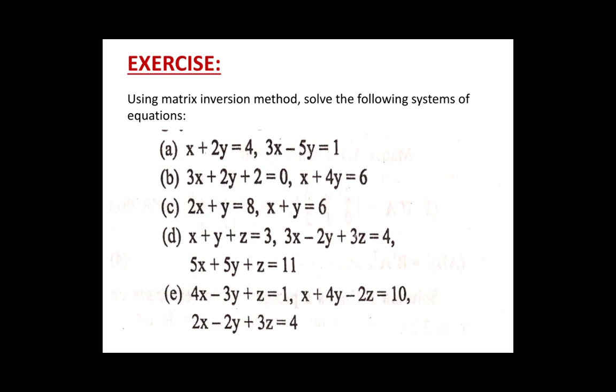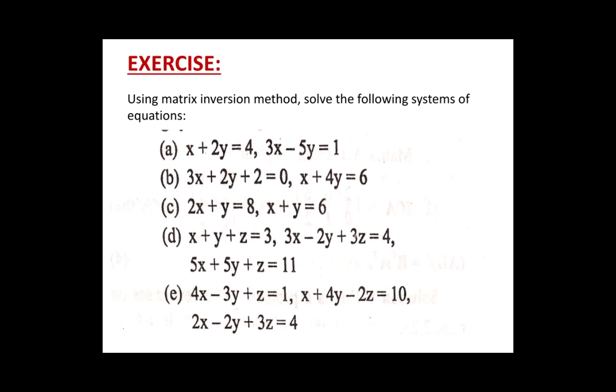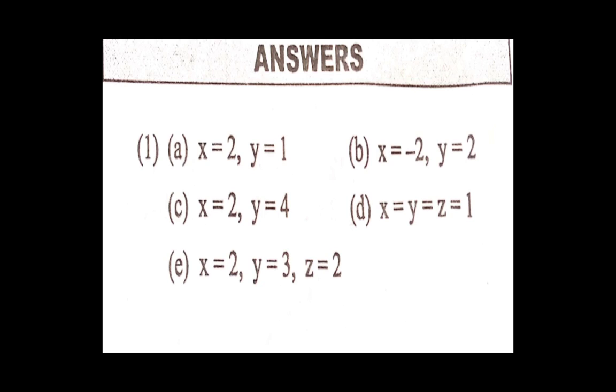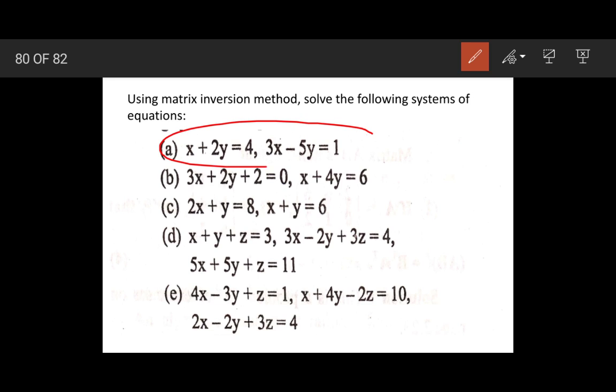So class, here are some questions which you have to solve, these simultaneous equations, by using the matrix inversion method. Okay, then the answer is given. So just check your answer in the next slide. So the answer for the first is 2 and 1. There are only 2 variables and 2 equations. Okay, in the second also there are only 2 variables and 2 equations.